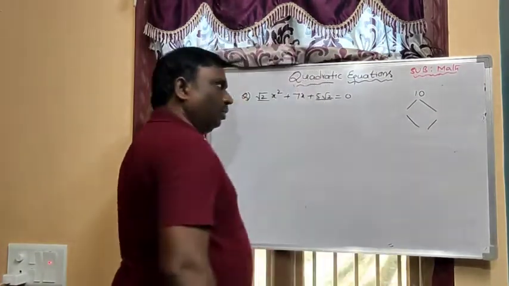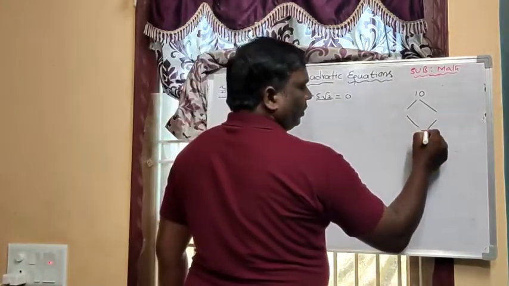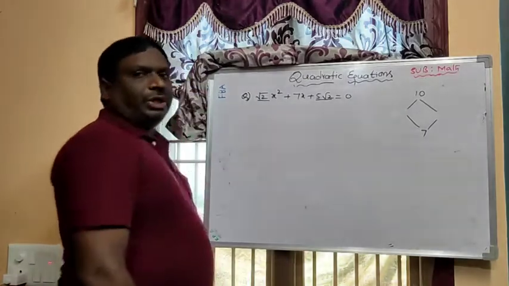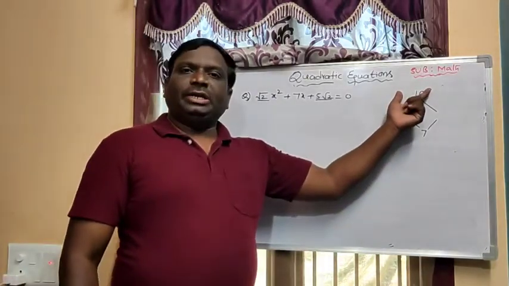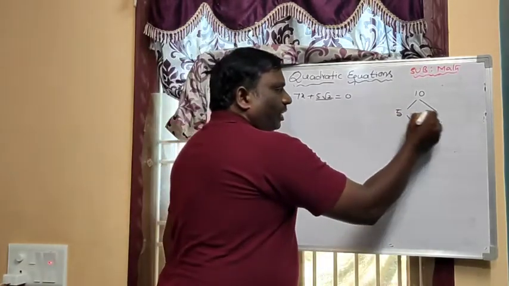The coefficient of x is 7. What two numbers multiply to give 10 and add to give 7? Those two numbers are 5 and 2.